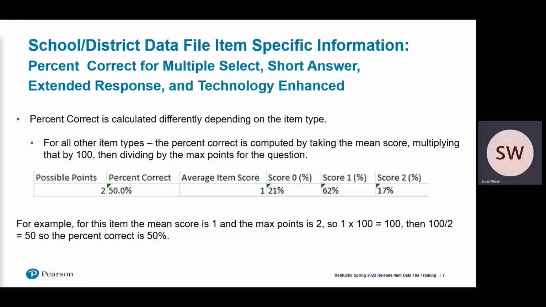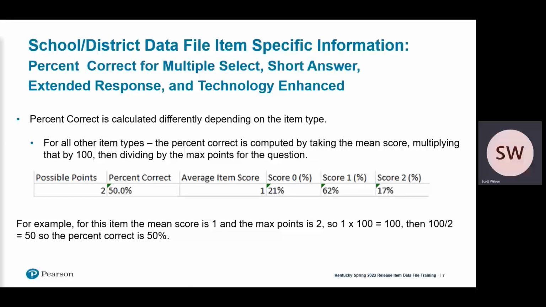Continuing with the percent correct, again, it is calculated differently depending on the item type. So we just talked about multiple choice. So for the other item types, the percent correct is computed by taking the mean score, multiplying that by 100, then dividing by the max points for the question.